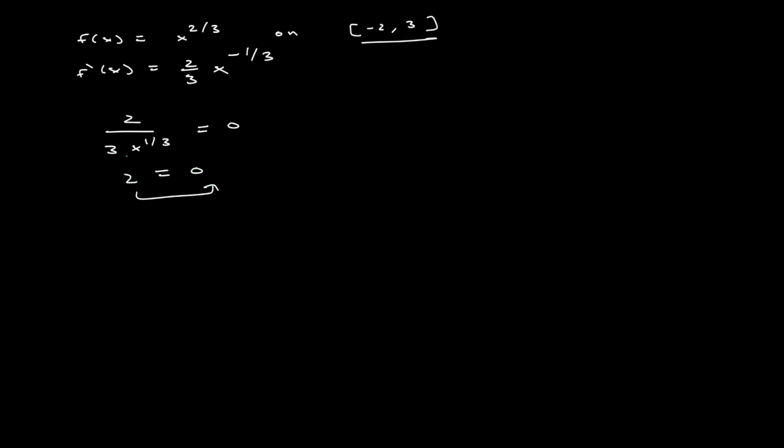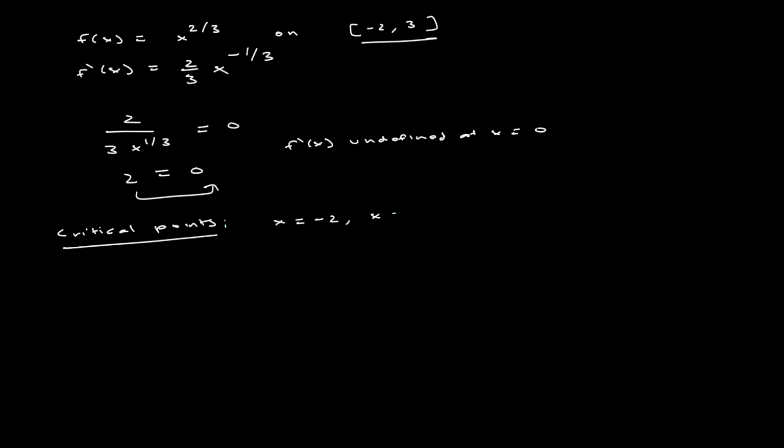So f prime is never 0, but f prime of x is undefined at x equals 0. So our critical points are x equals -2, x equals 0, x equals 3, because -2 and 3 are the endpoints, and x equals 0 is where f prime is undefined, right?